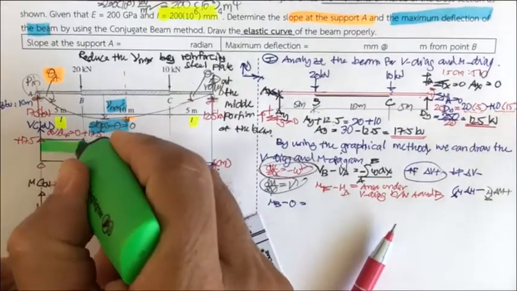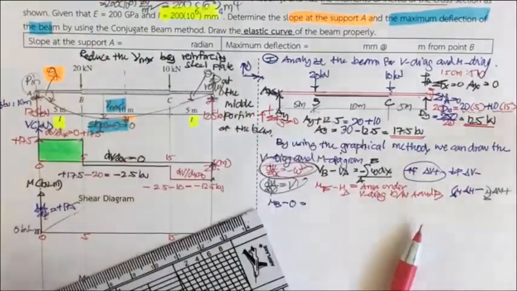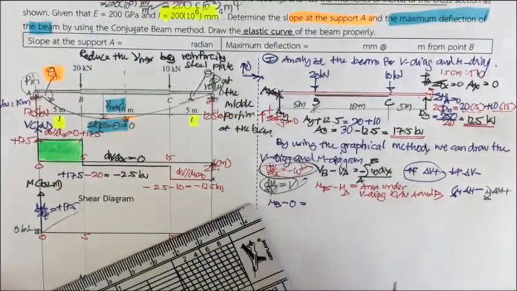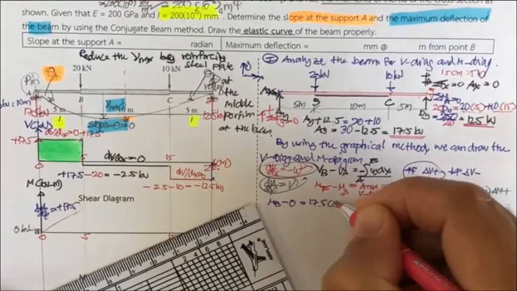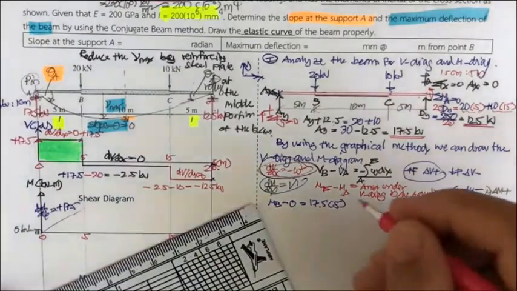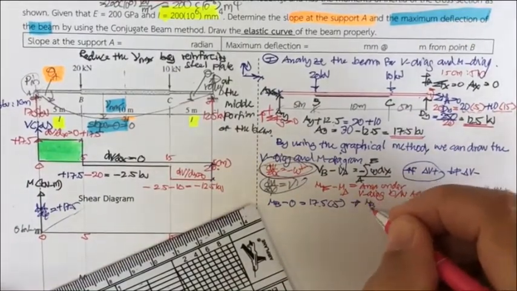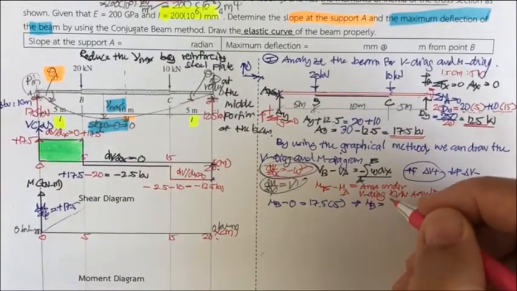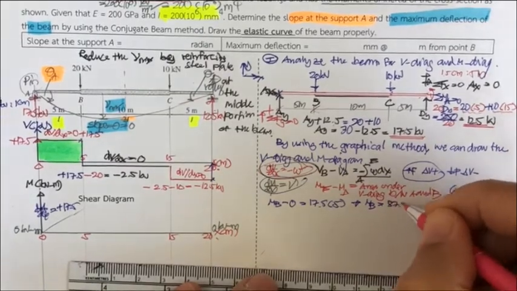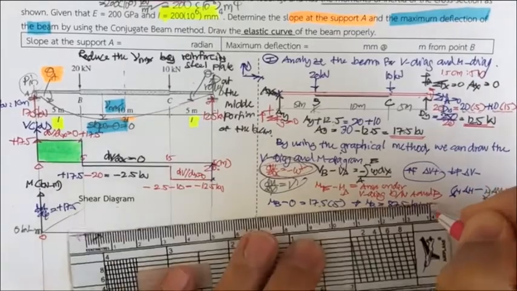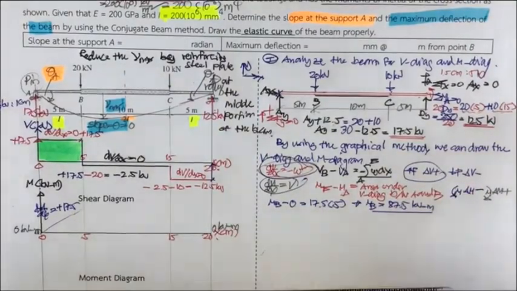The area here is going to be 17.5 times 5, and you get M sub B equal to 87.5 kilonewton meter. So okay, you got this.